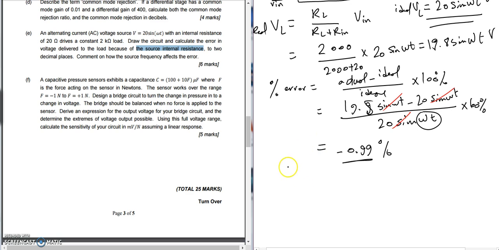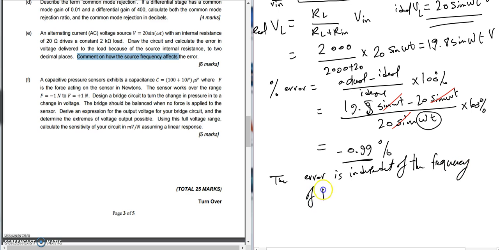That takes us to the second part of the question: the error is independent of the frequency of the source, because it gets cancelled out anyways.